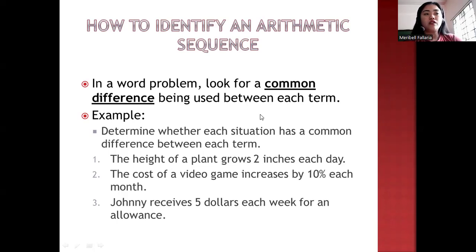Common difference means addition. Isn't it that in an arithmetic sequence we add or subtract a number to get the next term? Okay? Next, John received $5 each week. So this is an example of an arithmetic sequence with a common difference. That is how we identify the common difference.